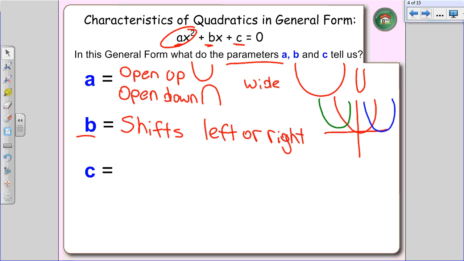The C parameter is a pretty important one. It tells us lots of things. One of the big things it tells us is it shifts it up or down. And some of you might also have recognized that the C value tells us the y-intercept.